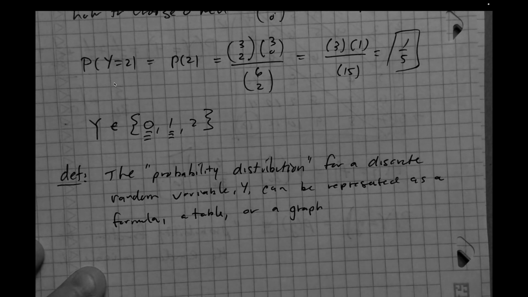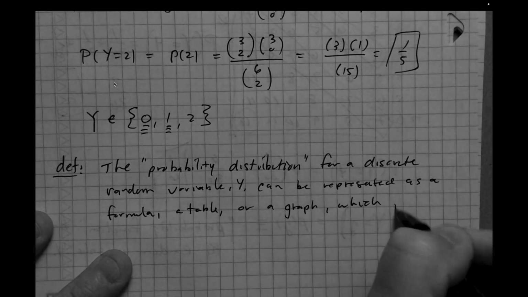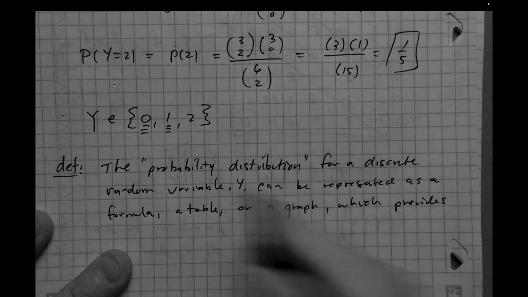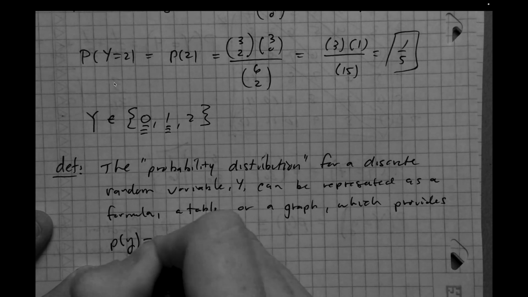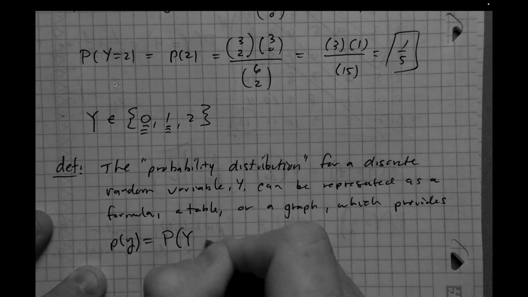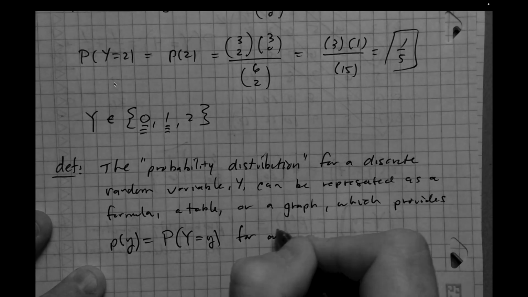We haven't said what it is yet, but it's something that can be represented as a formula, a table, or a graph, which provides the probability of y, which we know is equal to the probability that the random variable y is equal to the specific value y, for all y.